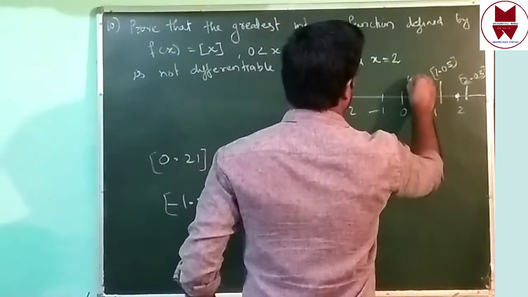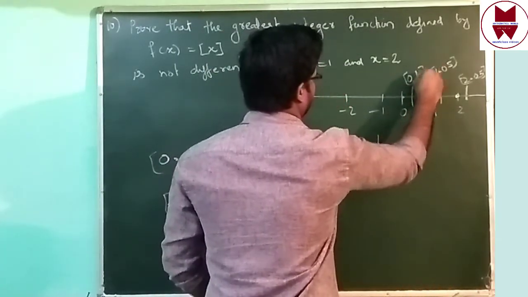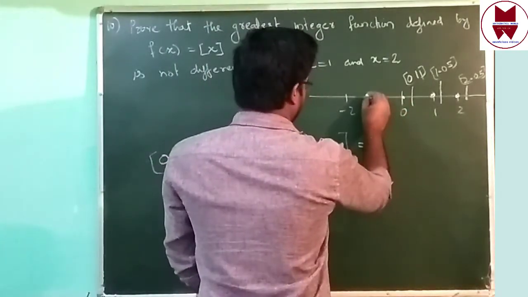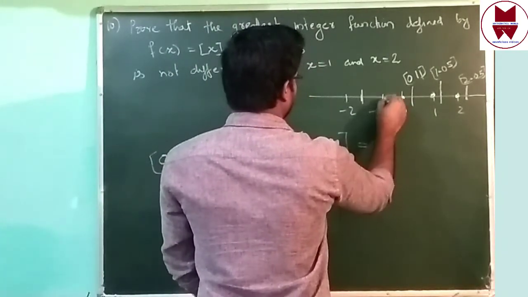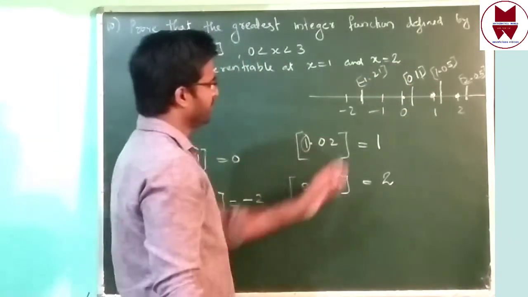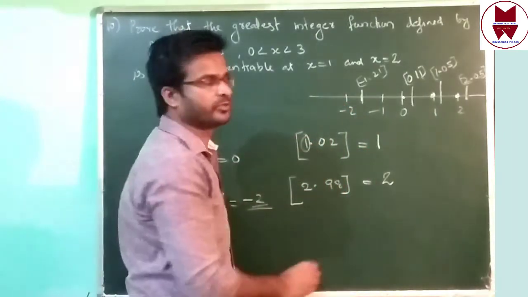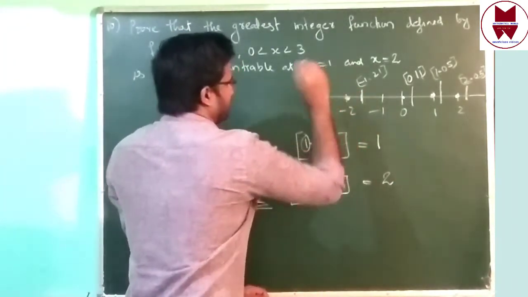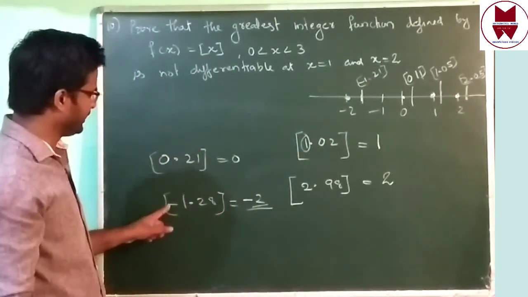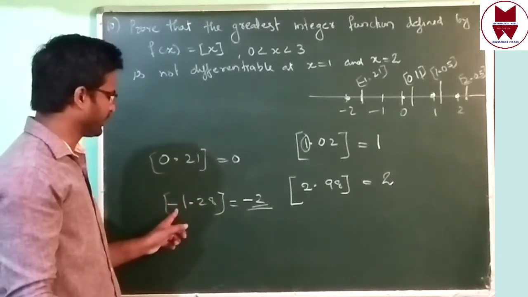Then here, 0.11. What is our answer? Greatest integer, the answer is 0, isn't it? Left side. Then here, minus 1.21. This is like one number. We just consider which number is on the left side, minus 1 or minus 2? Minus 2, isn't it? That means if you consider a negative number like minus 1.28, don't write minus 1.